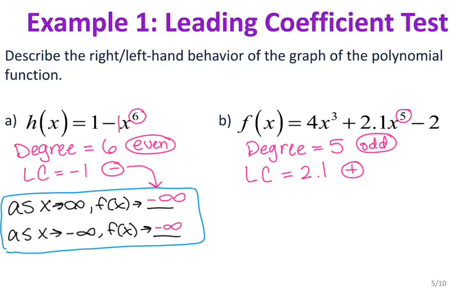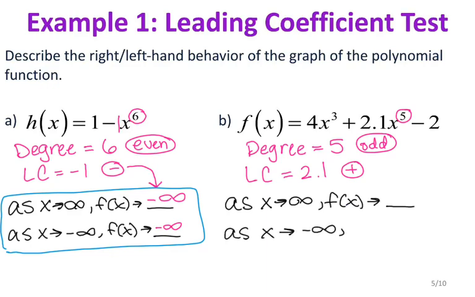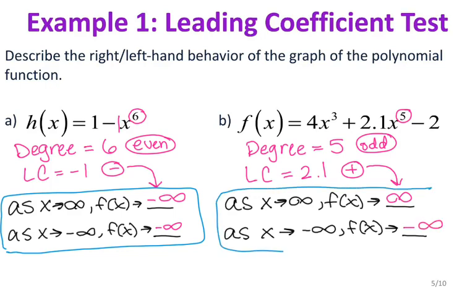So I'm going to write my statements as x approaches infinity, f of x approaches, as x approaches negative infinity, f of x approaches, and again, your leading coefficient is going to tell you the sign of your first infinity. So since my leading coefficient was positive, that means my graph is going up to the right towards positive infinity. And because my degree is odd, that means my ends are going in opposite directions. So this one is going to go towards negative infinity. And there is your end behavior.